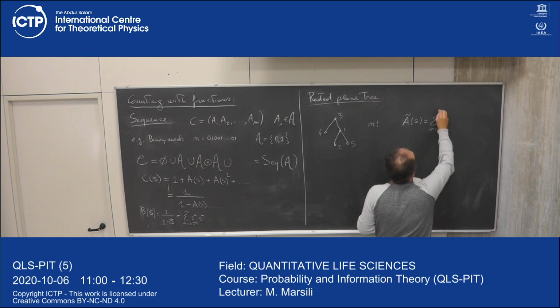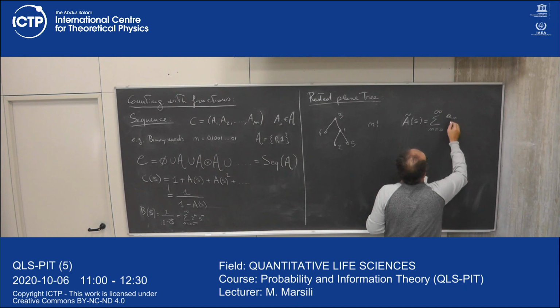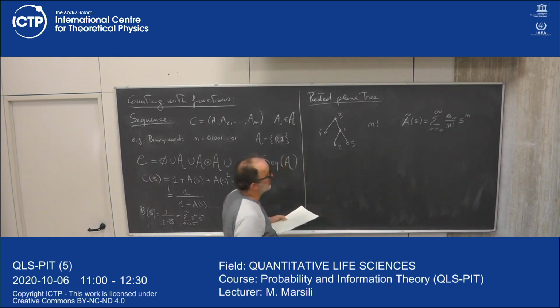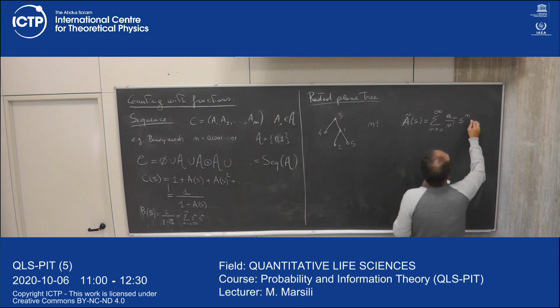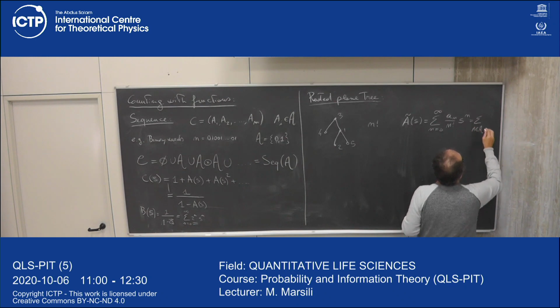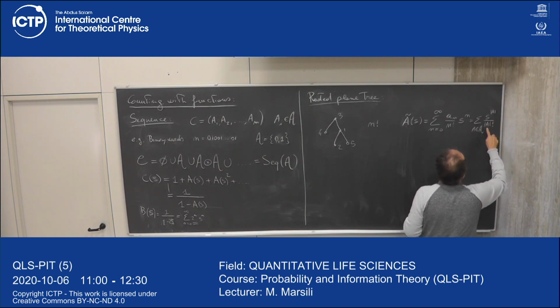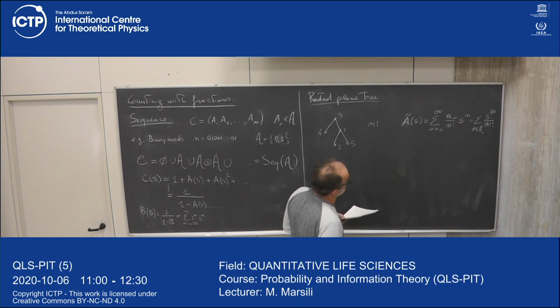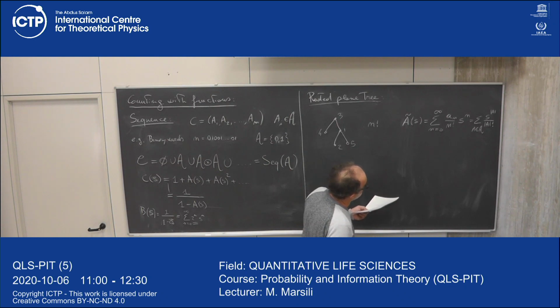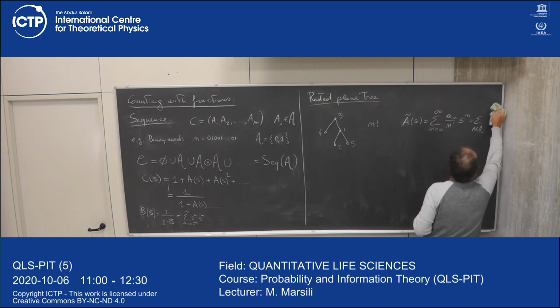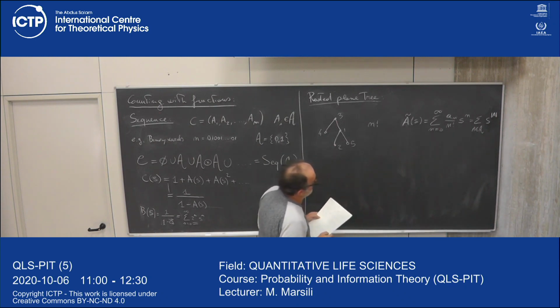It is built in this way: the sum over the objects A of S to the size of A divided by the size of A factorial.